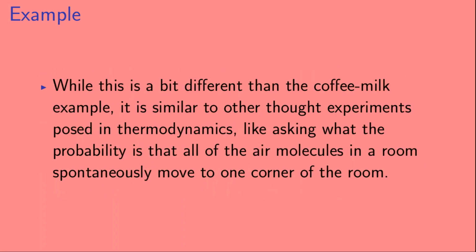While this is a bit different than the coffee and milk example, it is similar to other thought experiments posed in thermodynamics, like asking what the probability is that all of the air molecules in a room spontaneously move to one corner of that room.